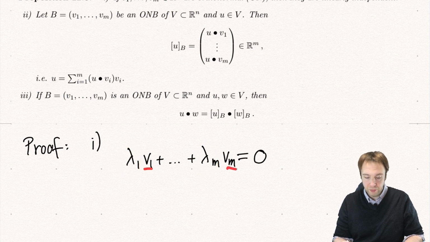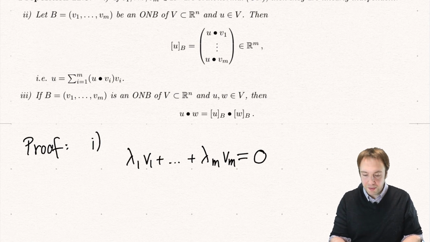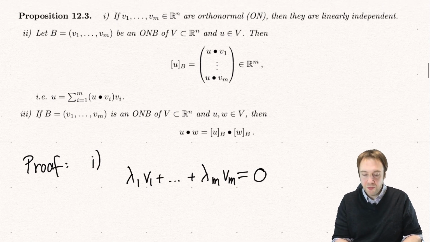This is the definition of these vectors being linearly independent. And now we can use that these vectors are orthonormal.